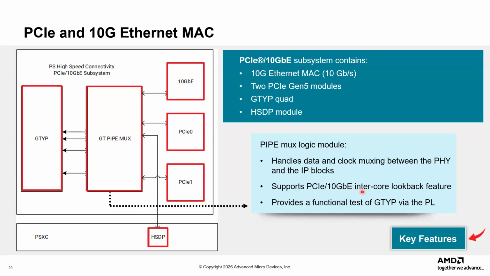This supports, among other things, an inter-core kind of loopback feature. So if you want to build in some testing, if you're trying to do verification, then that feature comes in handy. And this is a way to be able to implement and also do a functional test of the gigabit transceivers and control it from the programmable logic.